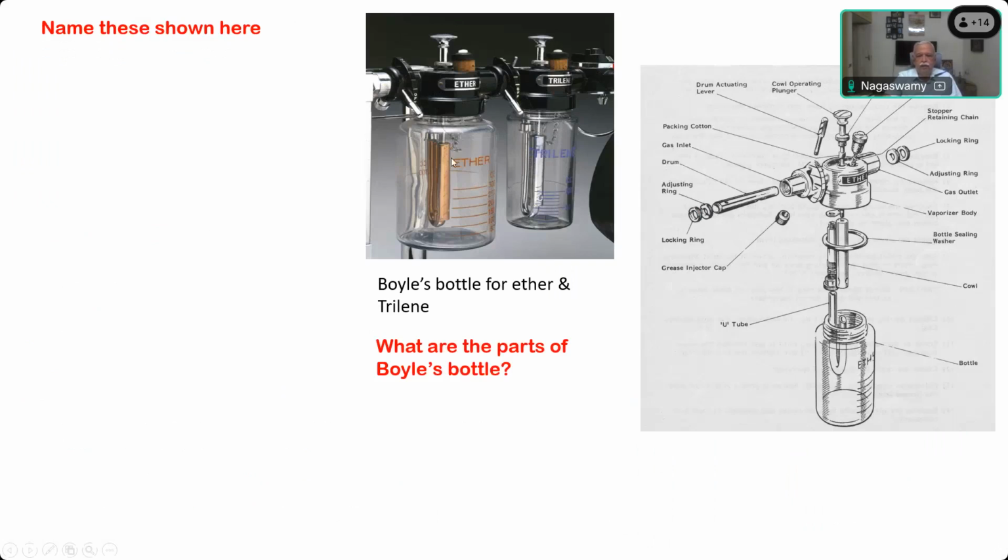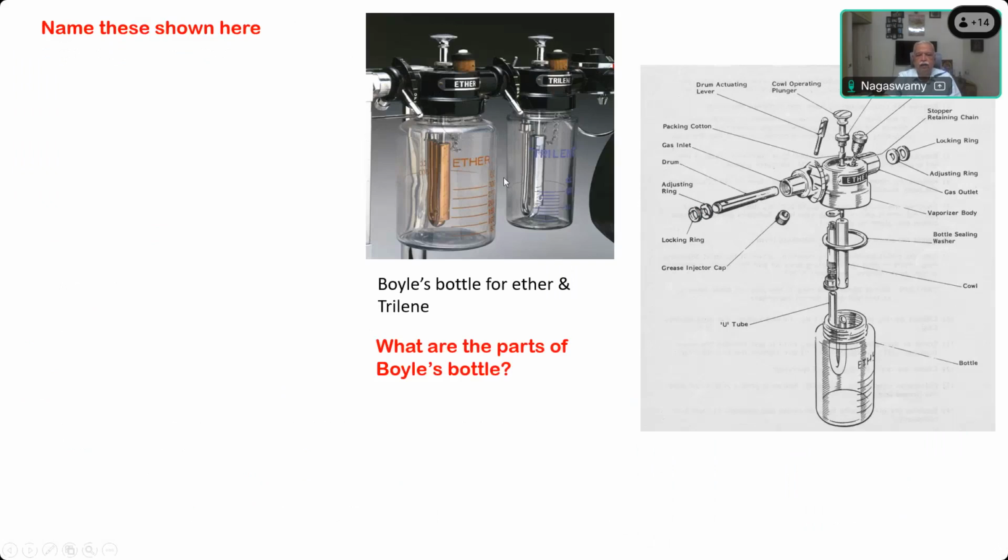The ether bottle is in the upstream. The Trilene bottle is in the downstream. So whenever you have two or more agents, you fix the agent with a lower boiling point first, which is called the upstream, and the agent with a higher boiling point in the next position or beyond, which is called the downstream position.